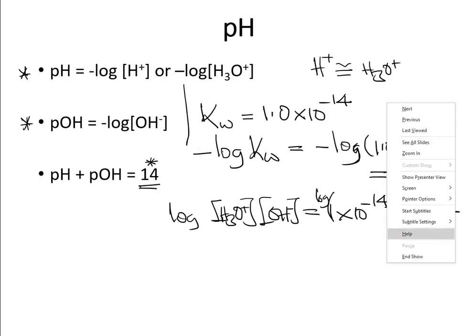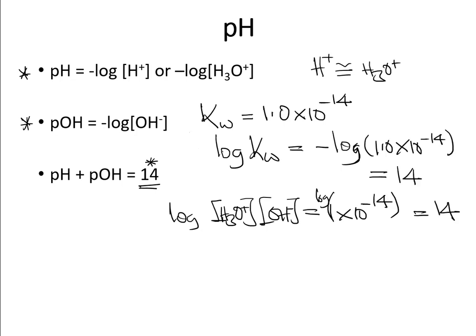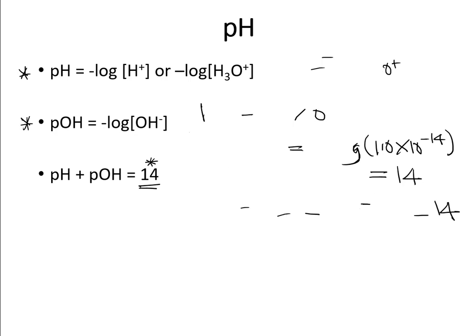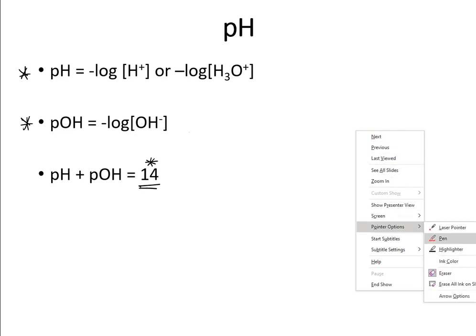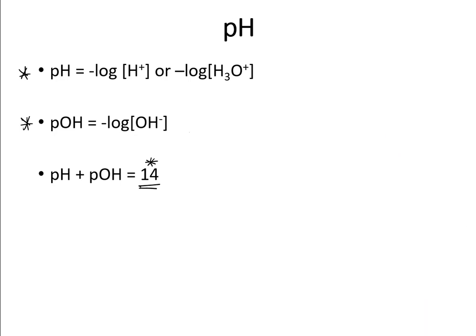So let me just create some space by getting rid of this. So we say pH is negative log H plus, pOH is negative log OH minus.